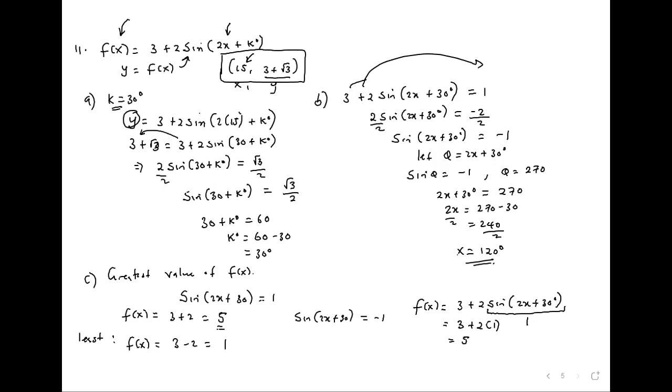When it gives the least, which is negative 1, then f of x is equal to 3 plus 2 times negative 1. That will be 3 minus 2, which is 1. That will be the least. Thank you.